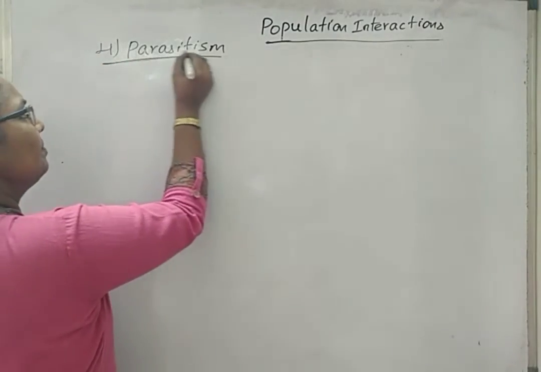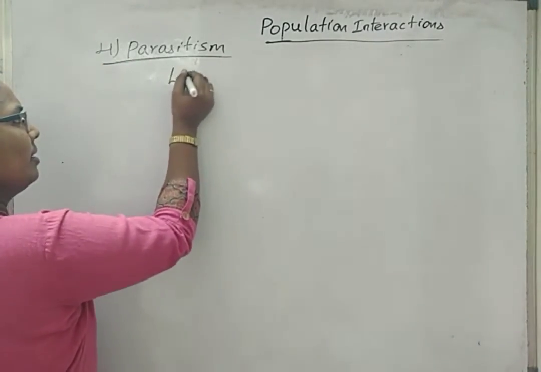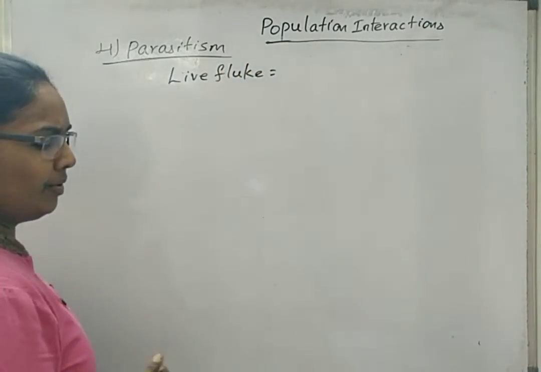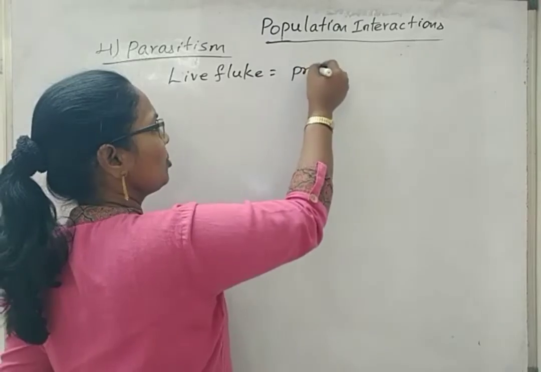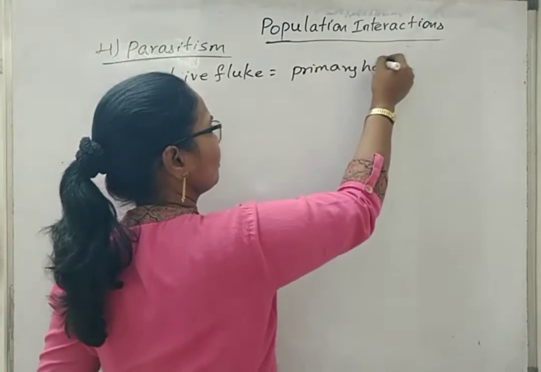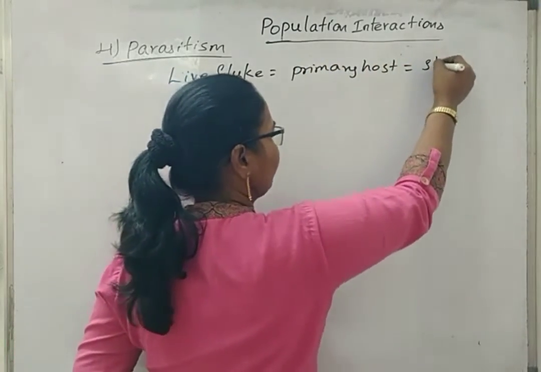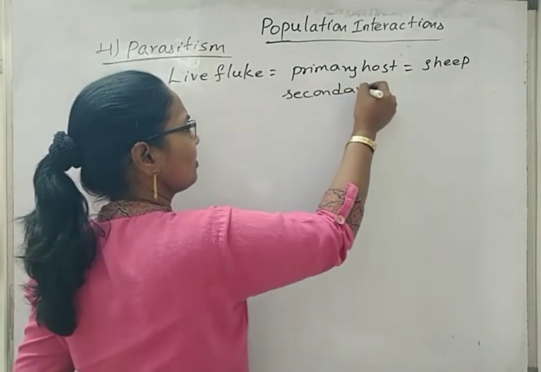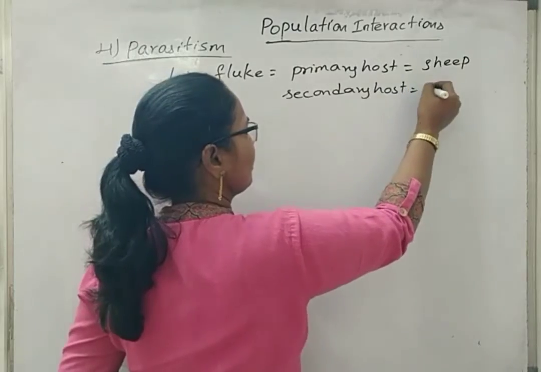Another example is liver fluke. Its primary host is sheep and secondary host is snail.